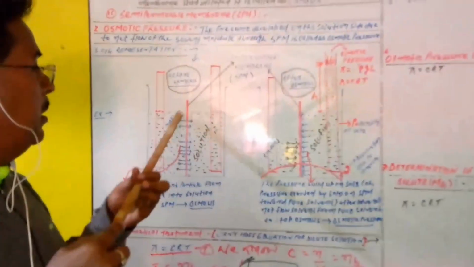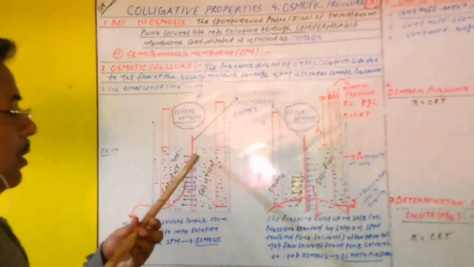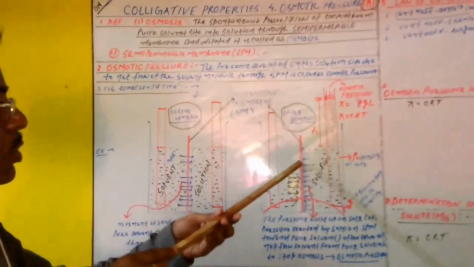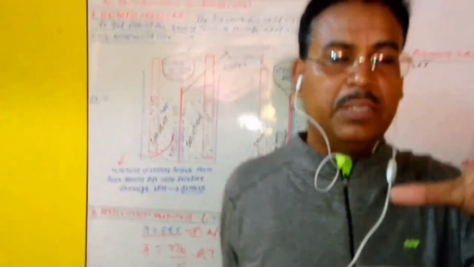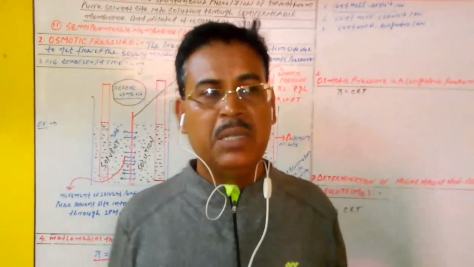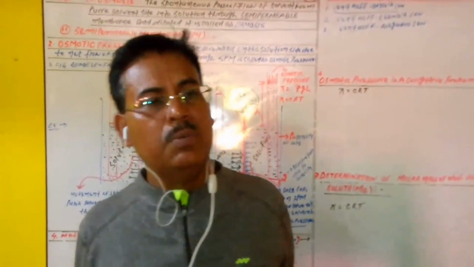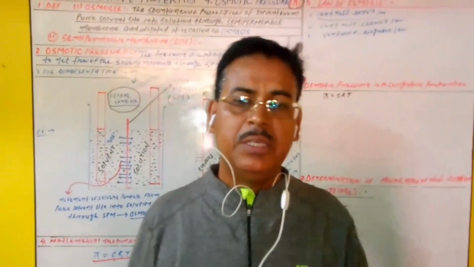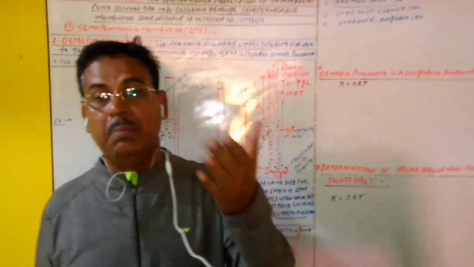So here the semi-permeable membrane is indicated in the figure. Those thin membranes which only allow the solvent particles or ions to flow through them, but do not allow any movement or migration of solute particles, are given the name semi-permeable membranes.